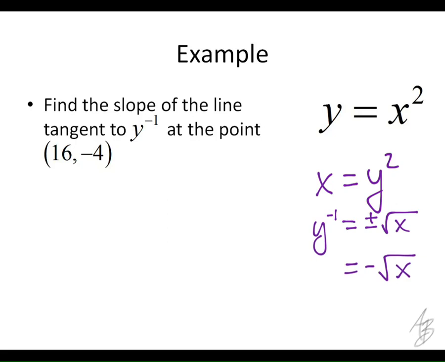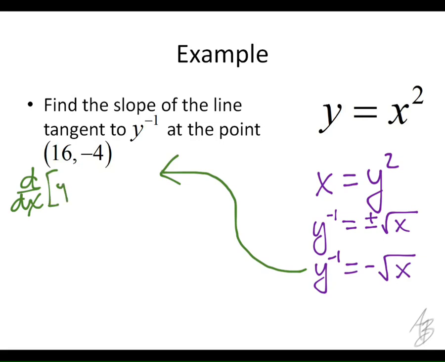So how would I find the derivative of this? Any ideas? Give me one second here. So we want to take the derivative with respect to x of the inverse of y. Haley? Couldn't you change it into exponential form? Yes. So I would definitely do that.